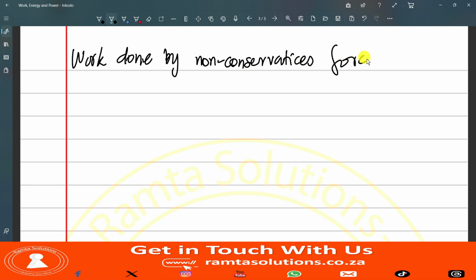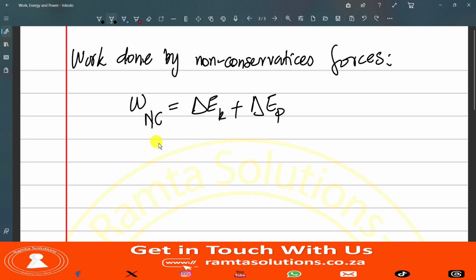Okay, so work done by non-conservative forces, the formula is also given. It is W sub NC equals change in kinetic energy plus change in potential energy. So with this, what are you doing? You're looking at your non-conservative forces.